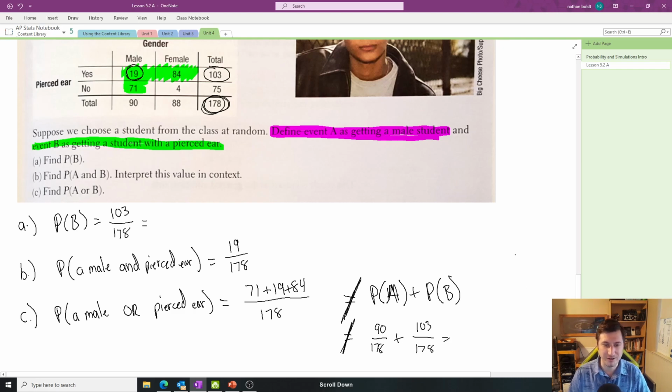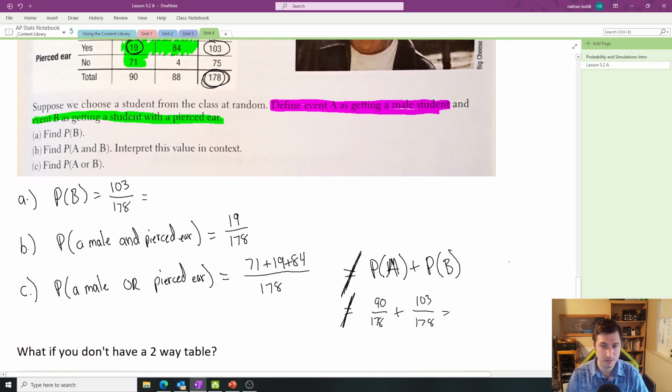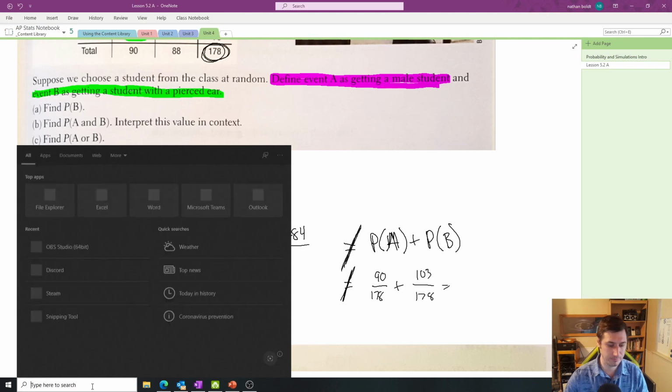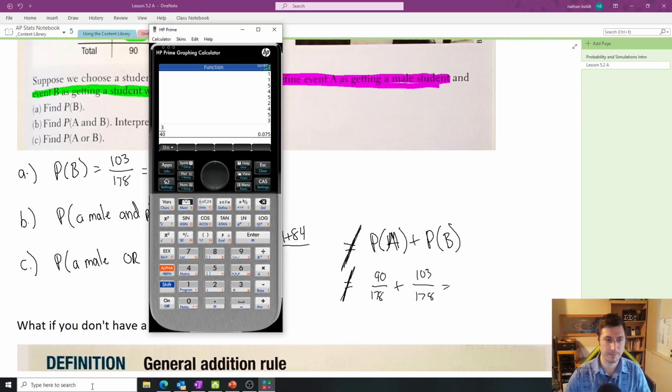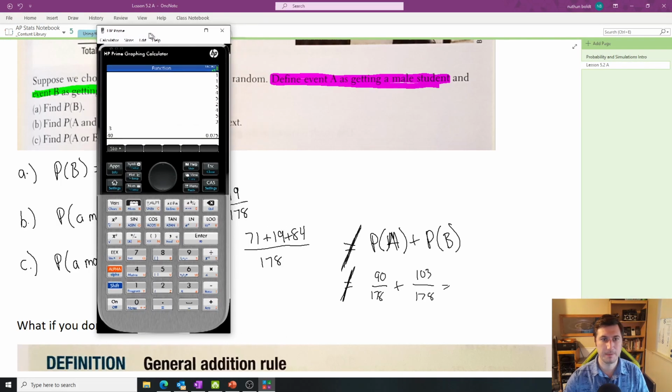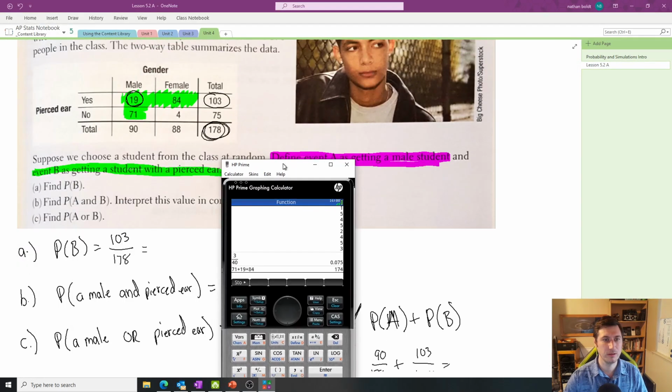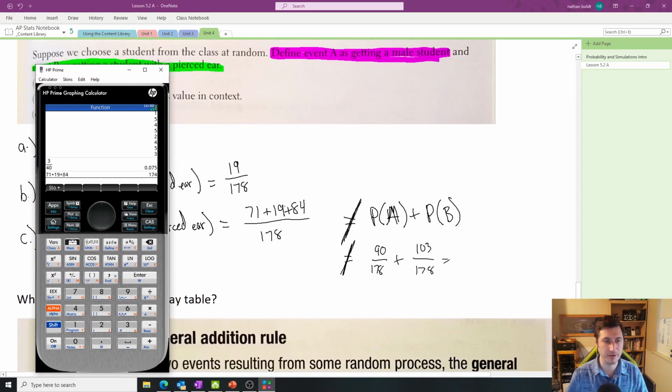Those are not the same. If I take 71 plus 19 plus 84, I get 174 out of 178. Yeah, because there's only 4 people that it didn't cover, right?